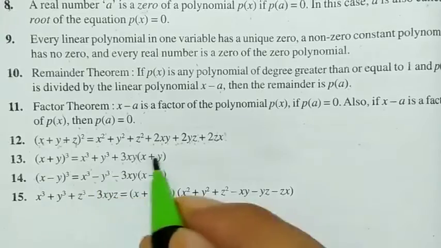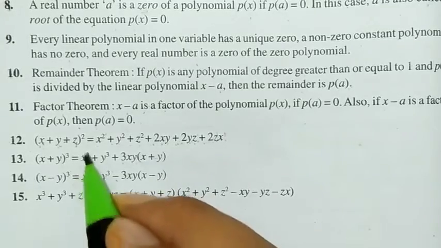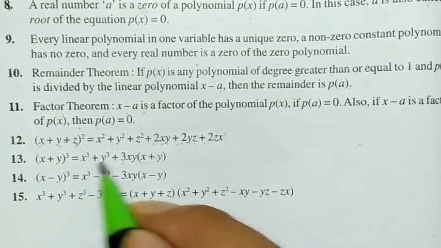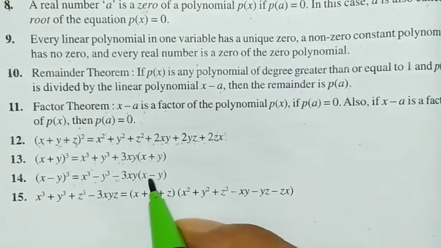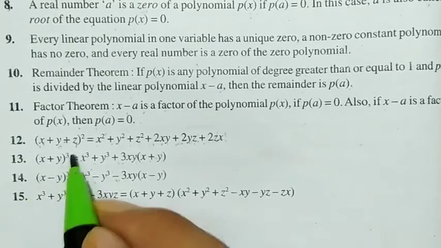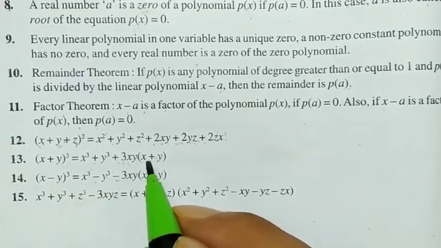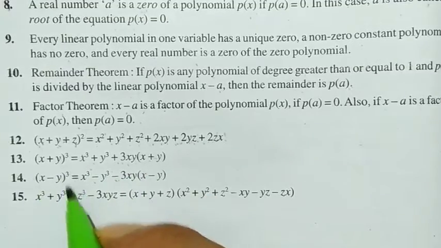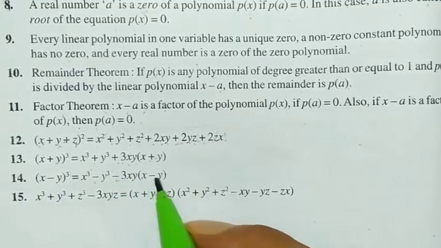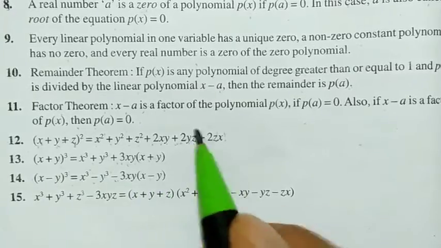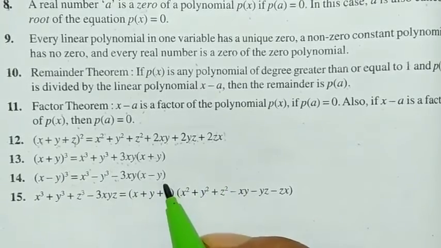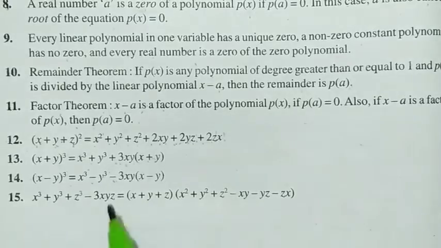Here the first terms have the same sign, x cube and x cube; here plus, plus, plus, and here minus, minus, minus. So (x + y) whole cube is x cube plus y cube plus 3xy into (x + y), and (x minus y) whole cube is x cube minus y cube minus 3xy into (x minus y). You can also open this bracket when you solve, if it is required.